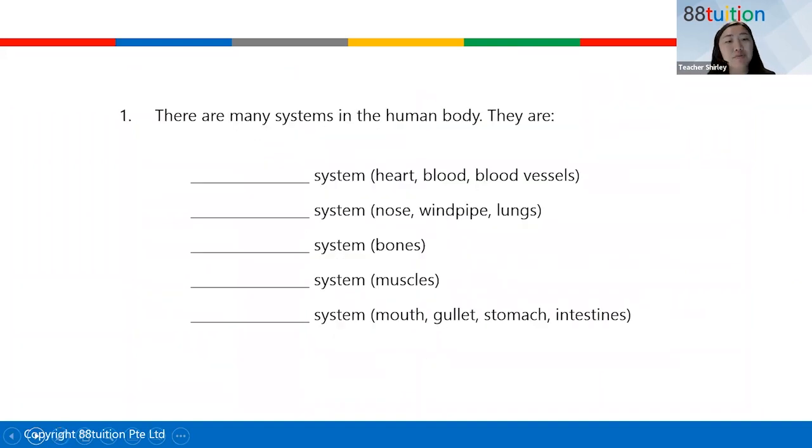So let's try to recap. Each person will do one. We'll go one round. Who wants to start first? Ashley will do the first one. Which system comprises the heart, the blood, and the blood vessels? Circulatory. Very good.